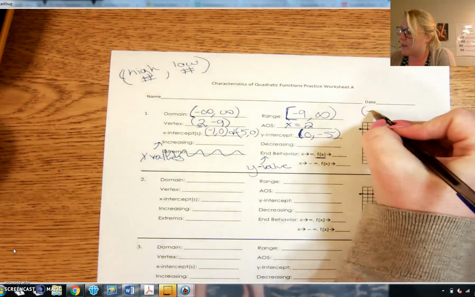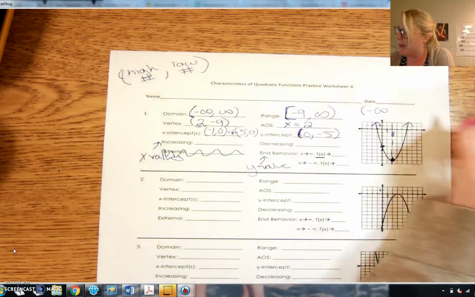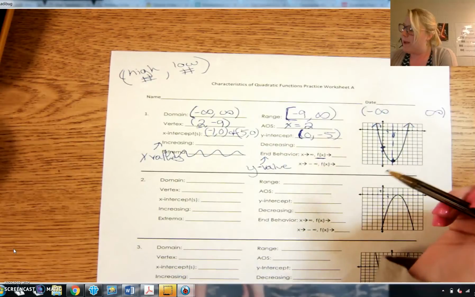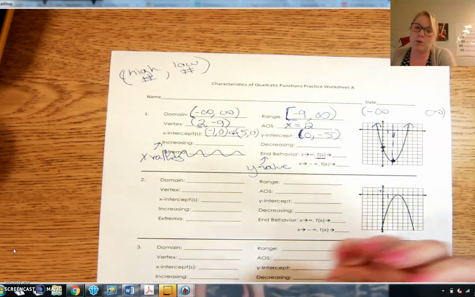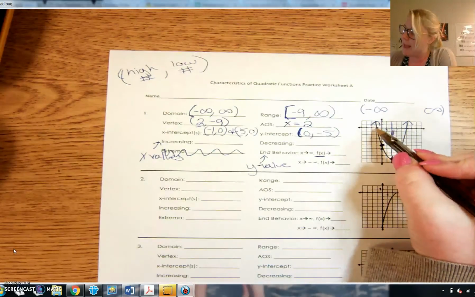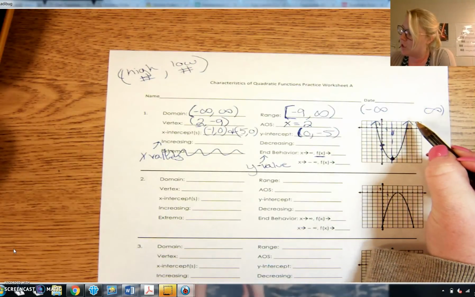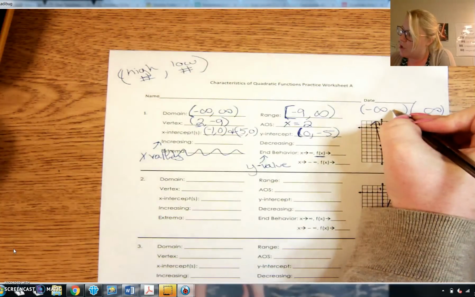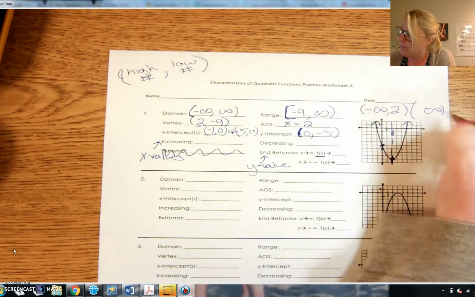My lowest x value is negative infinity, and my highest is positive infinity, right? But is it always increasing or decreasing? Well, no. Remember, when I read it from left to right, it goes down and then up. And it changes at my vertex. So there's this change when x is 2.